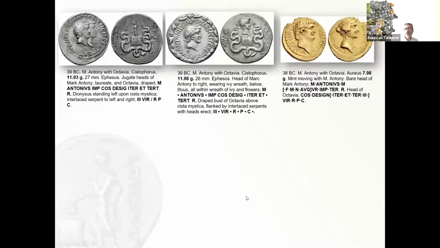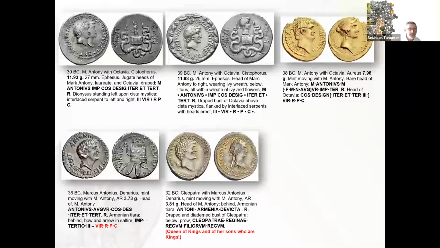This was probably produced by a mint moving with Mark Antony at that time. And during that time, he was able to subdue the Armenian kingdom. So he advertises his success on the reverse of this denarius.